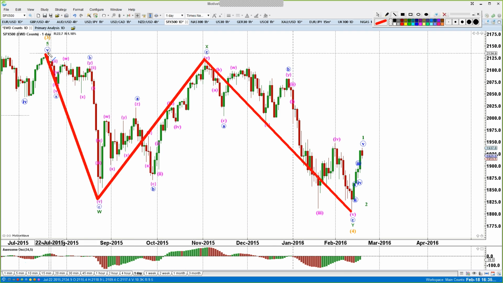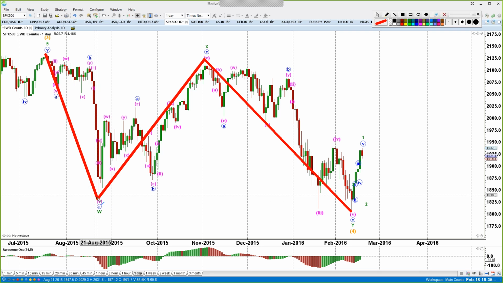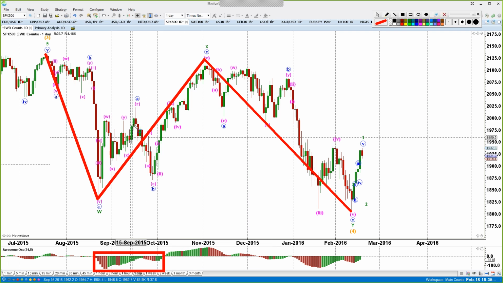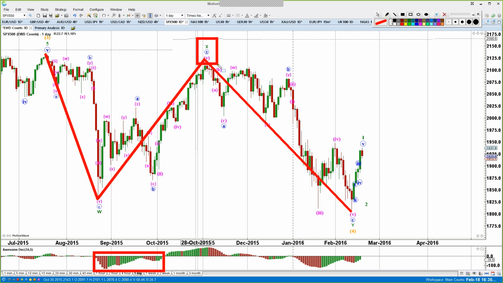When the price dropped the first time last year, we were seeing that the indicator was showing a lot of momentum. Thanks to that information, we knew that the move up was corrective, was fake, was a trap.